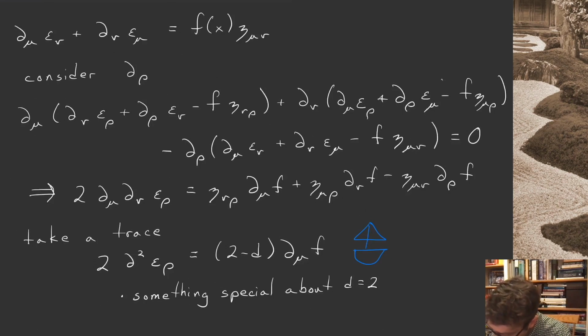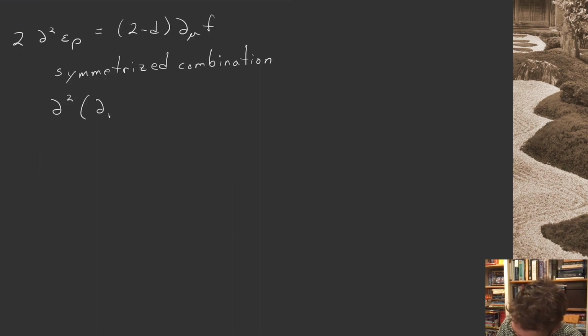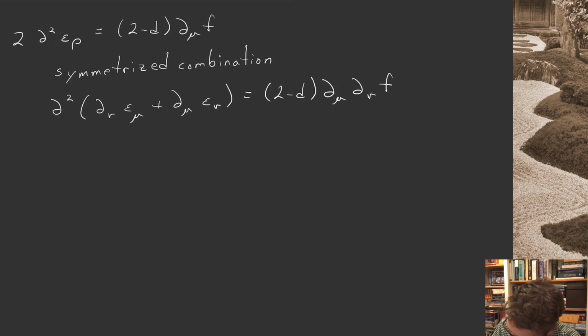Okay, so we have this Boat equation. What I want to do is take a symmetrized combination: d squared of (d nu epsilon mu plus d mu epsilon nu) is equal to 2 minus d times d mu d nu of f.